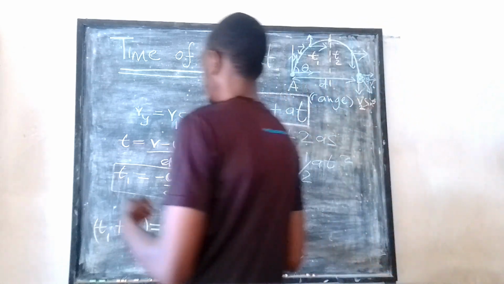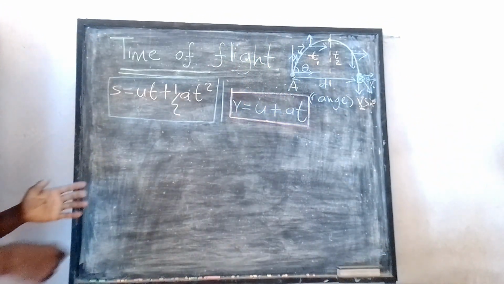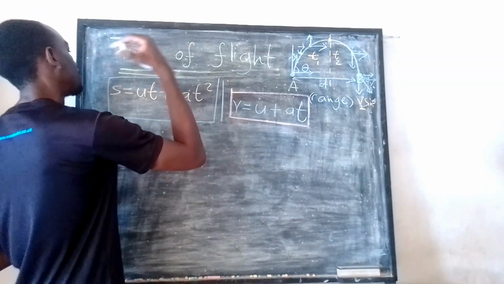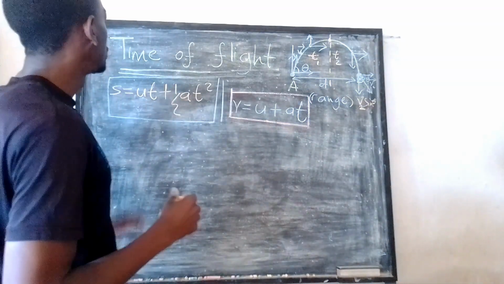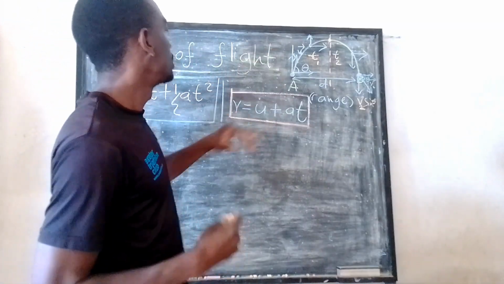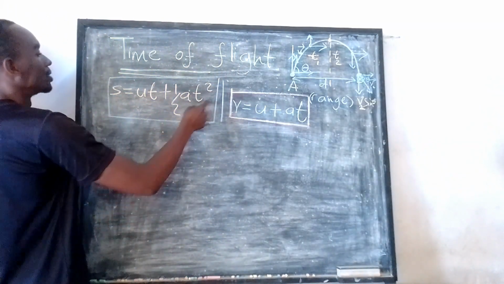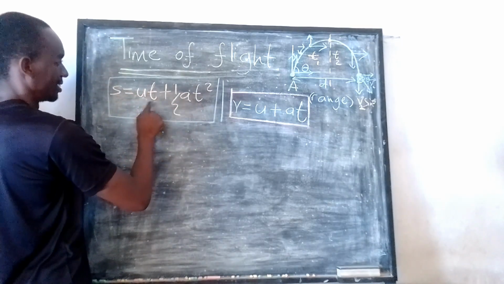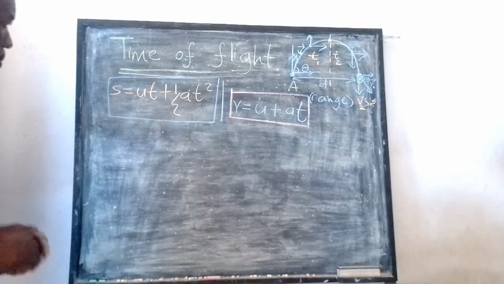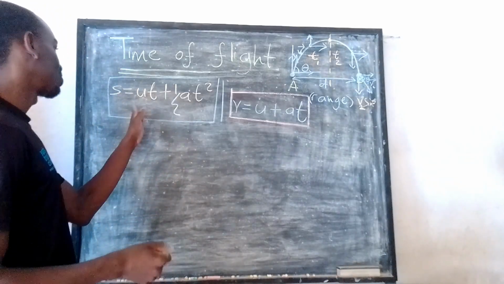So let's do that. This is our second equation of motion, which is associated with the variable t. Again, put it in your mind, we're dealing with the time of flight. The reason we picked this equation is simply because it has the variable t. Now, how do you find the time of flight using this formula?